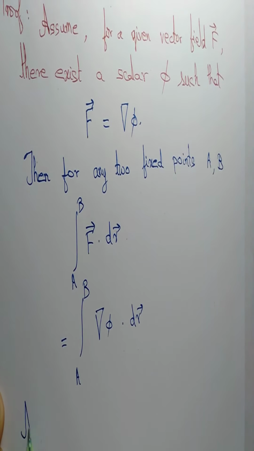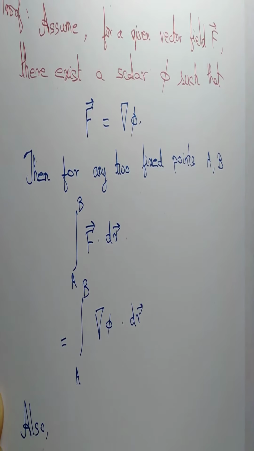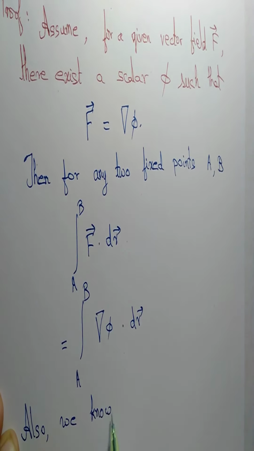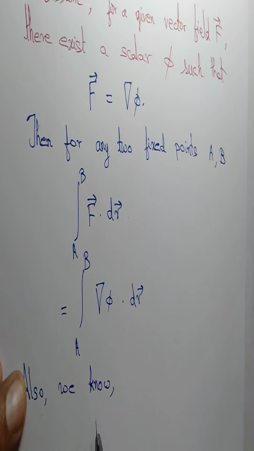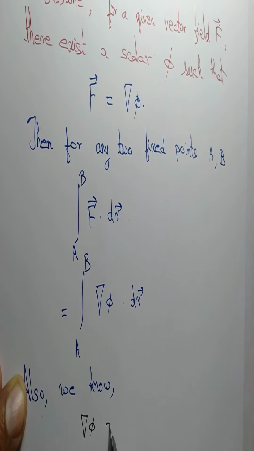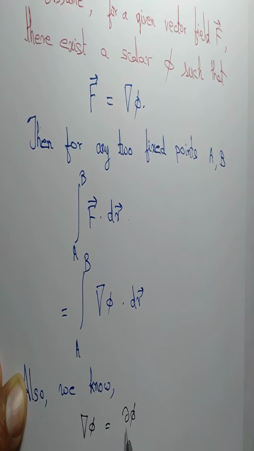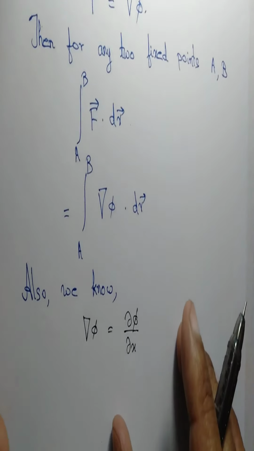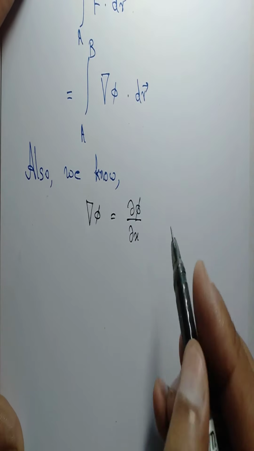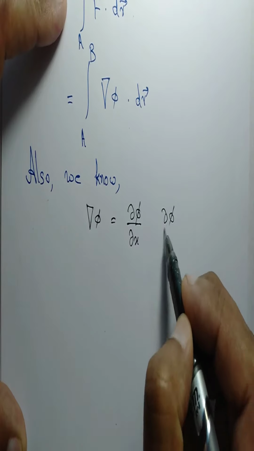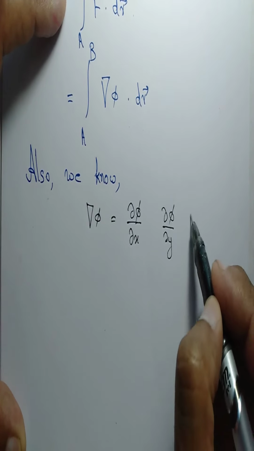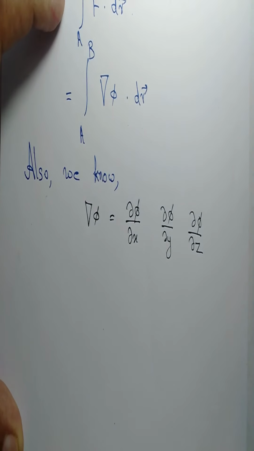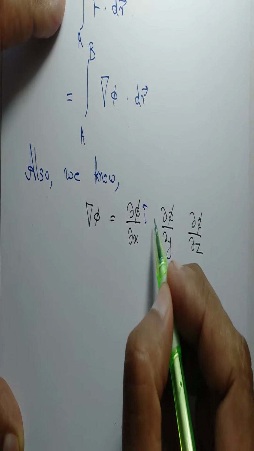Also, we know grad phi is equal to the partial derivative of phi with respect to x, the partial derivative of phi with respect to y, the partial derivative of phi with respect to z. These are the components of del phi.